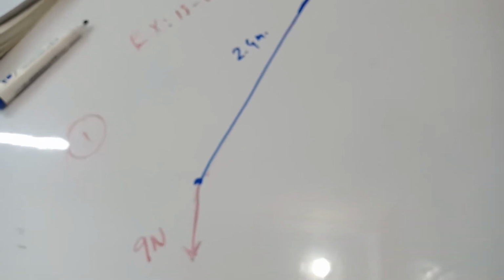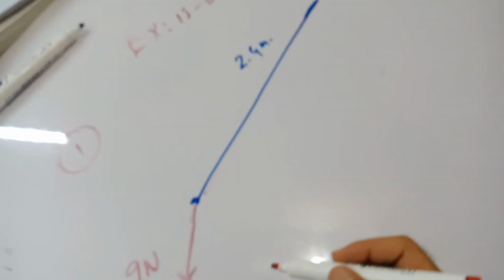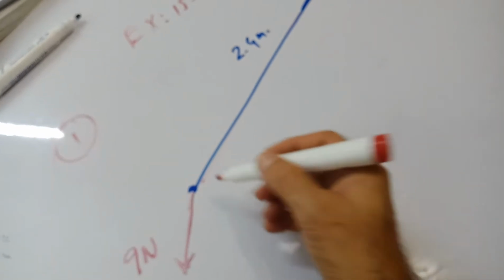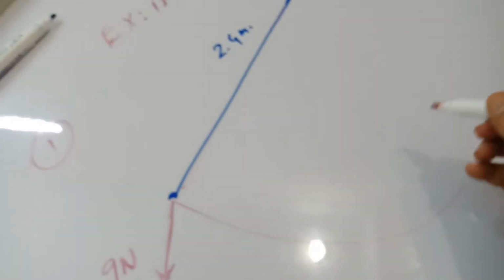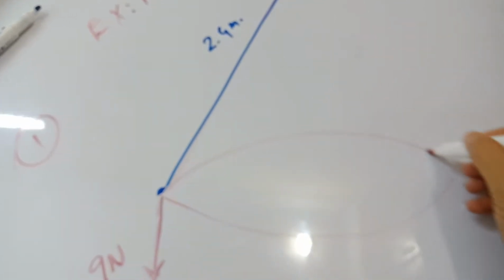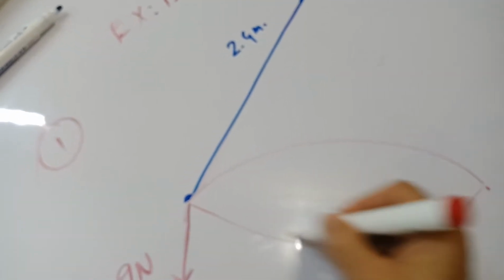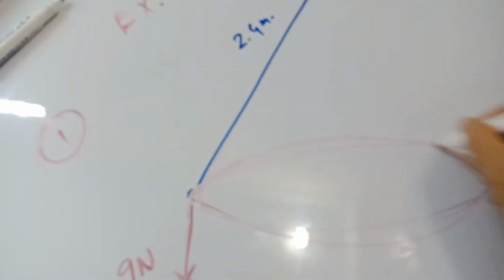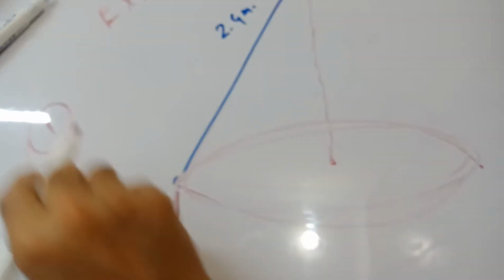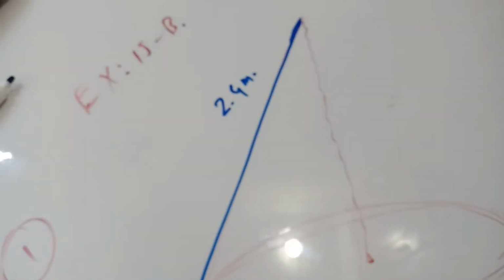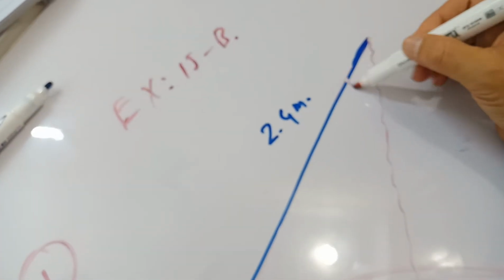As I showed you in the demonstration of the conical pendulum, this would be moving like this. This is the horizontal circle over here, and here is the vertical line. We are given that there is an angle of 25 degrees with the vertical.